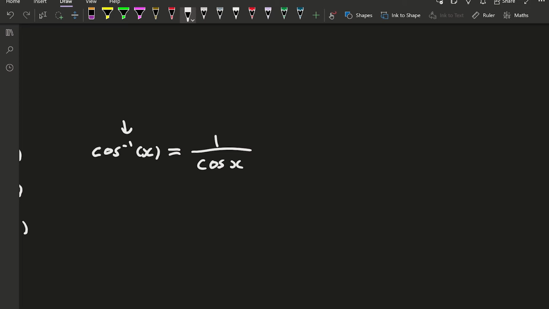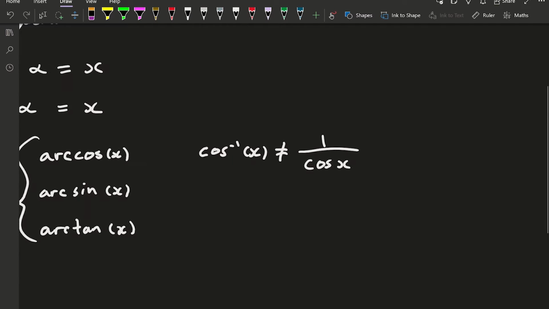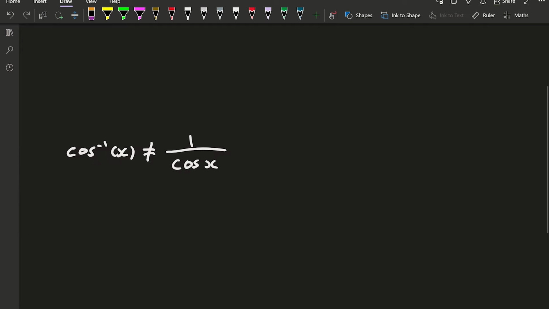By our exponent or indice laws, if we treated the -1 as an exponent, this is what it would be. But it's not an exponent, so these are not equal. Whenever you see the superscript of -1, don't treat it as an exponent. That might lead you to wonder why such a notation would be adopted, because it is very common.